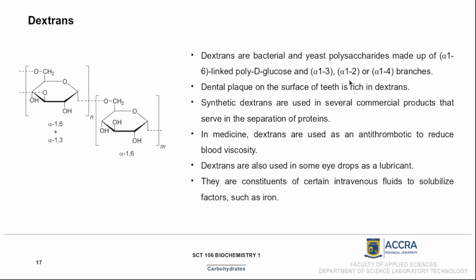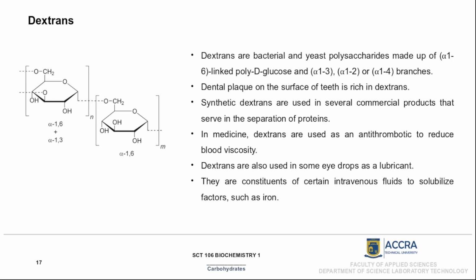We saw that of the alpha 1,4, which is the glycosidic bond. We saw that of the alpha 1,6, which was the branch point in amylopectin. These other ones, the alpha 1,3 and alpha 1,2, will be similar. Once you number the carbons, you will be able to identify how these bonds look.